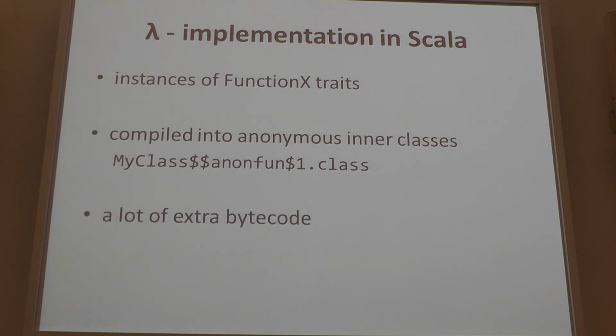And as you can see, if you use functional programming heavily, you will get a lot of extra classes in your jar files, and they will be very big. For example, if you use the Specs2 testing framework, which is very oriented towards functional programming, you will have a lot of extra bytecode.